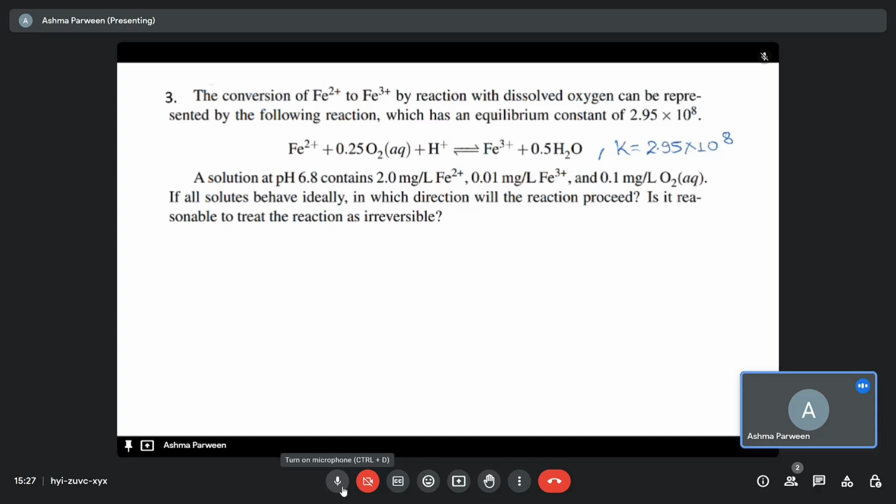So let's first convert Fe2+ at 2 milligrams per liter to moles per liter. It will be 2 times 10 raised to minus 3 grams divided by the molecular weight of iron, which is, I think, 56 grams per mole.